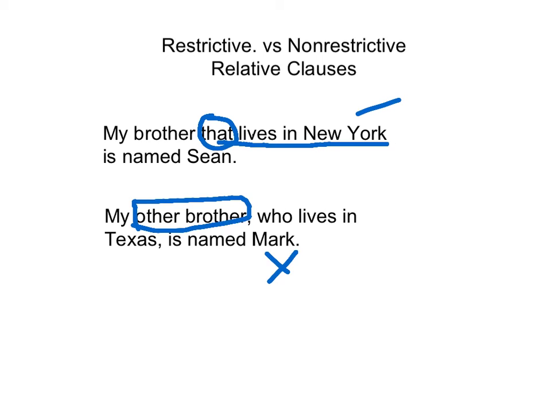Now, this is not a very hard set grammar rule. I'm sure that if you ask most people, they would have a lot of trouble deciding if something is a restrictive or a non-restrictive relative clause. And often they will always use commas, or they will always not use commas, because it's often difficult to define which is which. So for your purpose, you do not really need to know the difference.